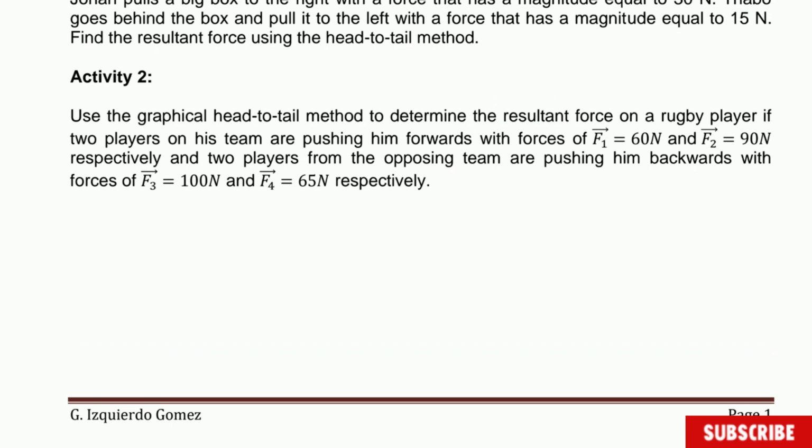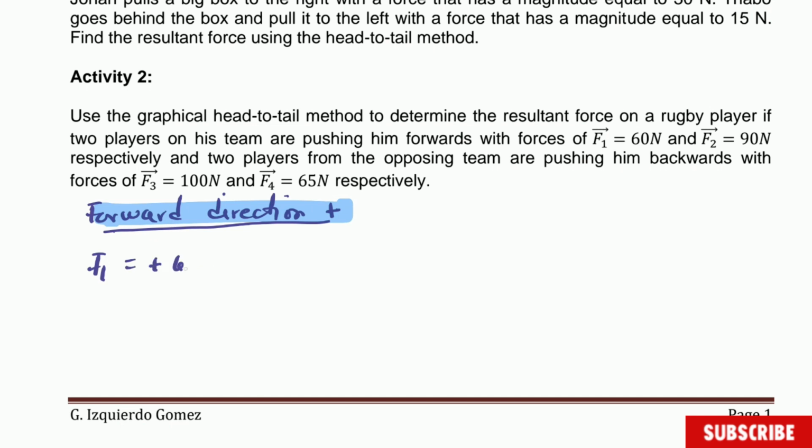Okay, so let's start by writing the data here. Now we have that two players are pushing forward and two players are pushing backward. Let's select, for instance, the forward direction as positive. In other words, F1 is equal to positive 60 Newton because it's forward.